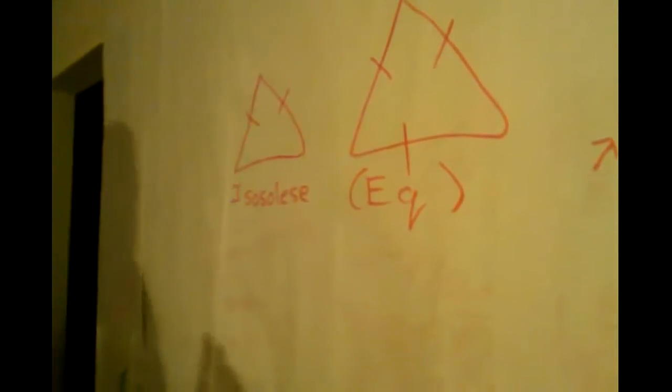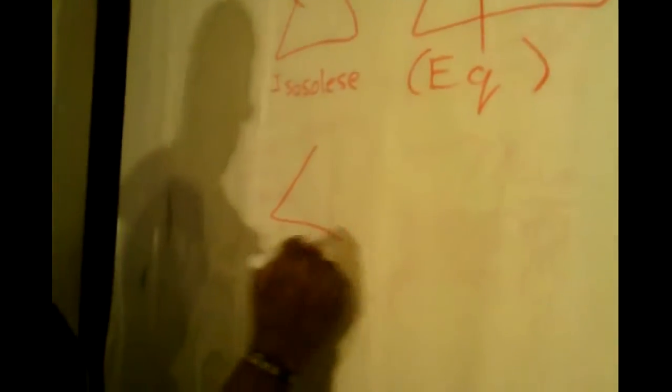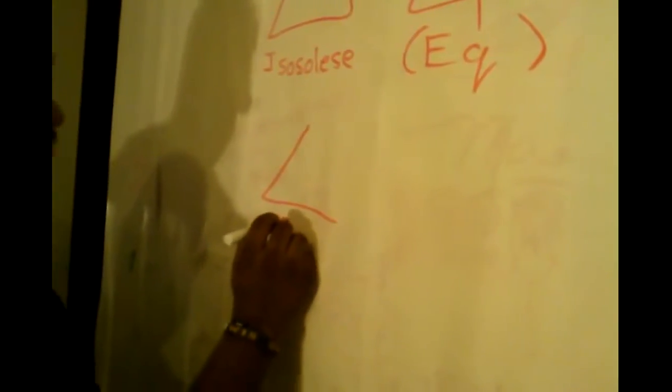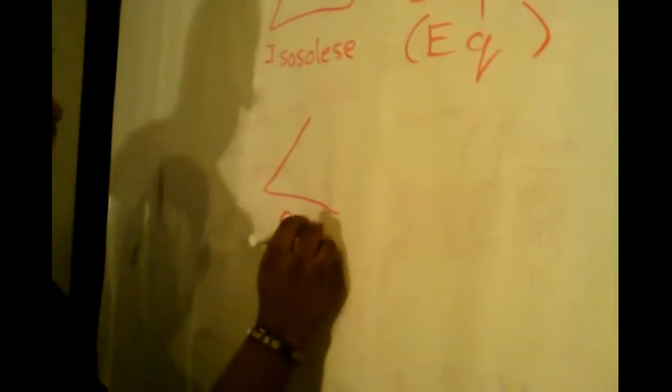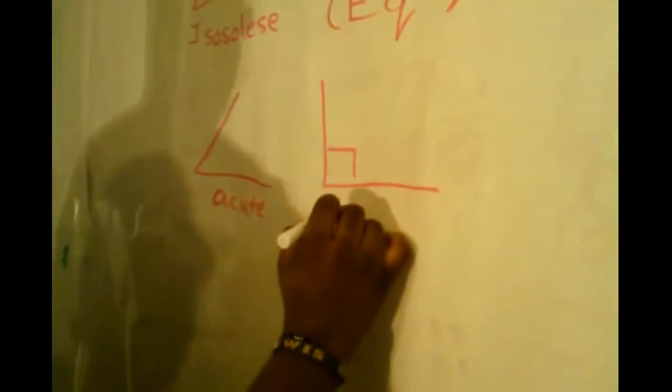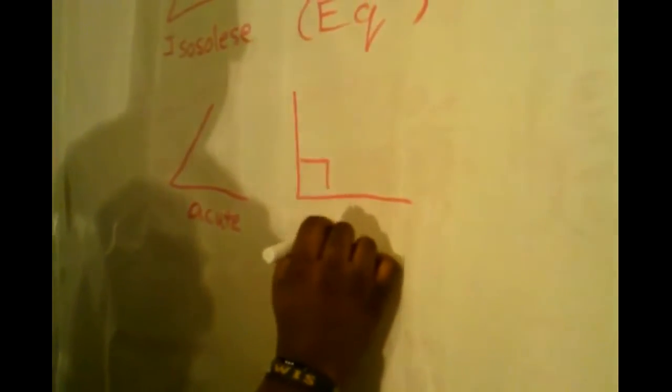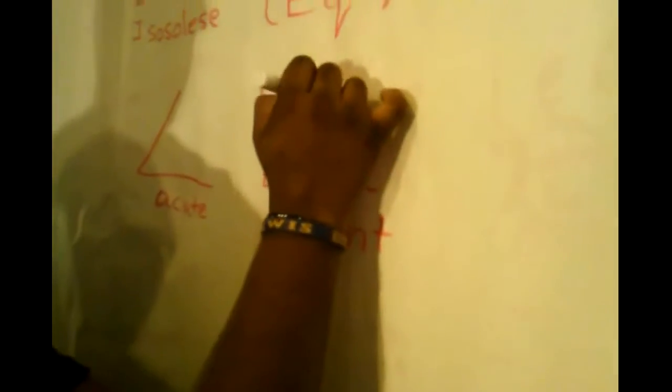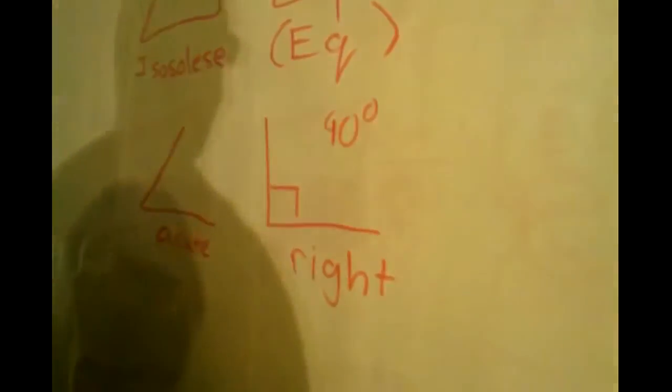are our angles. Now, everybody know what an obtuse angle is? Well, I'm going to show you. This is an acute angle. This is a right angle. A right angle is always 90 degrees.